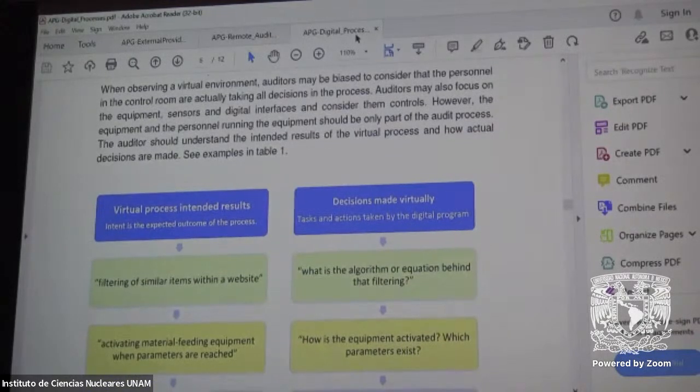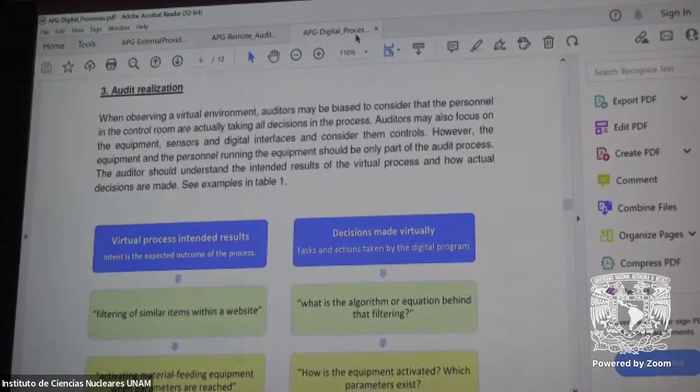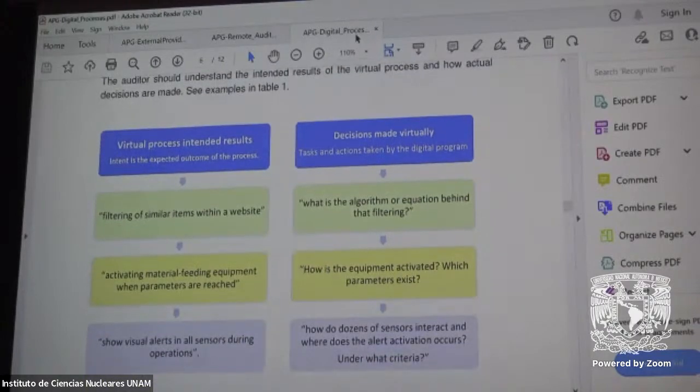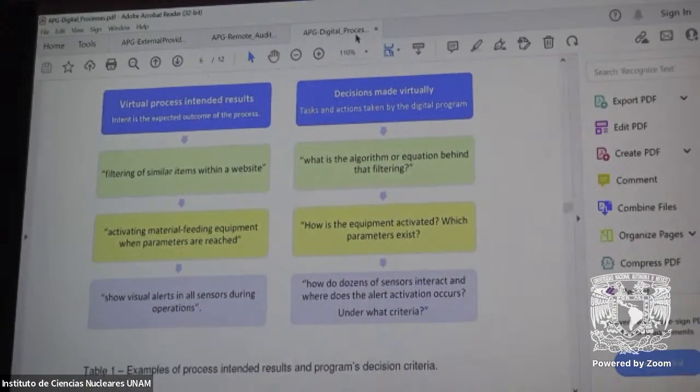Again, there is some useful advice in this paper about audit realization. And it shows the difference between a virtual process and the intended results and the decision to work. So on the left-hand side, we've got filtering of similar items within a website. And on the right-hand side, the question: what is the algorithm being used for the filtering?